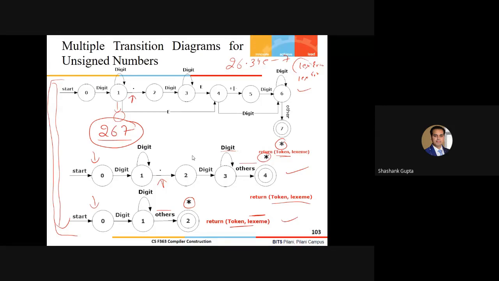You will trace all the transition diagrams, and whatever you are getting, then you will return. You will not immediately take the result. But my next question is: suppose you have 3 transition diagrams like we just had, and none of the transition diagrams is throwing an error. Assume like this. What should I do in that case? Each one of them is giving me a certain token.